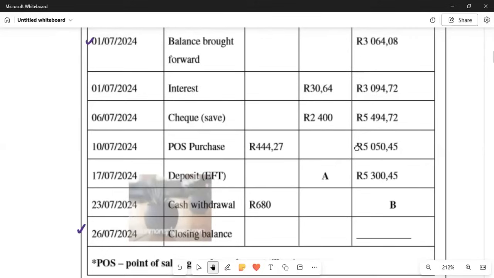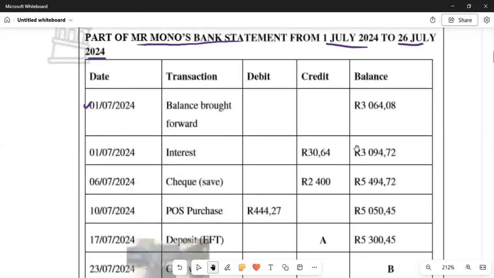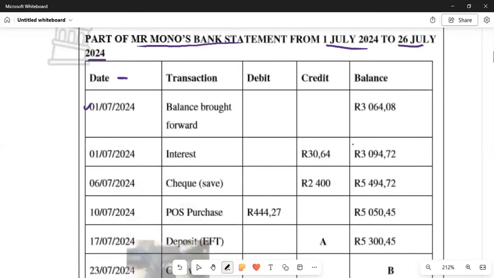In this table we are having the dates, the types of transactions that have taken place, what has been debited, what has been credited, and then a balance. All right.